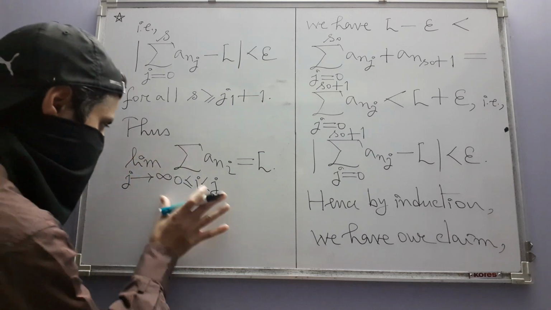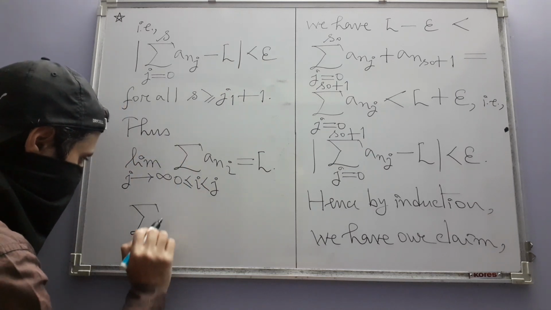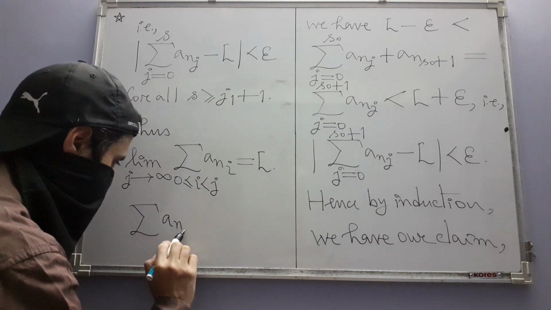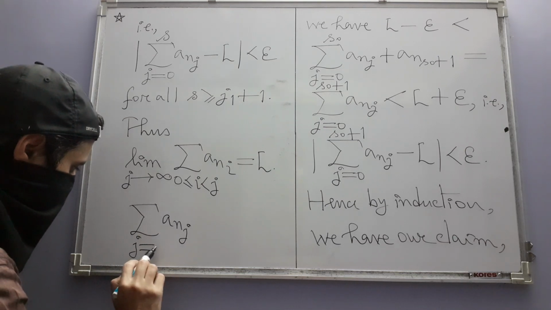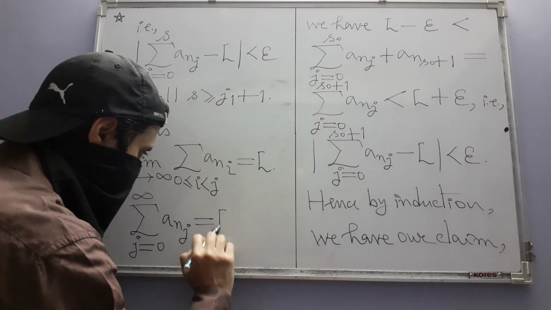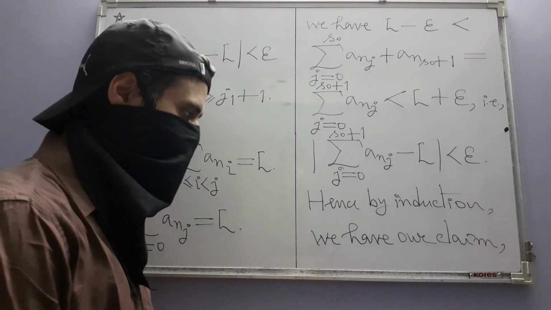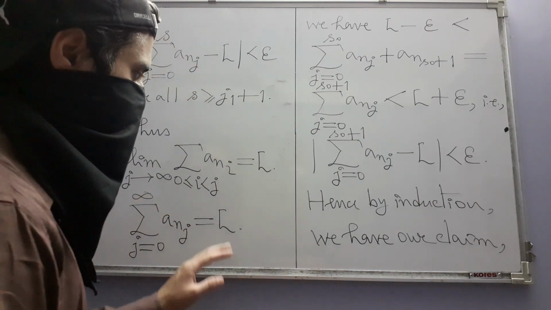And because of this, we have our rearranged series a n j converging to L, and this completes the proof of Riemann's theorem in all respects.